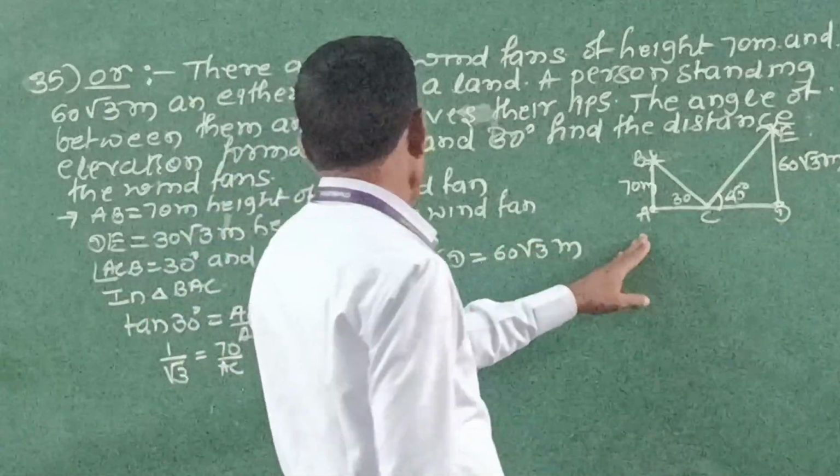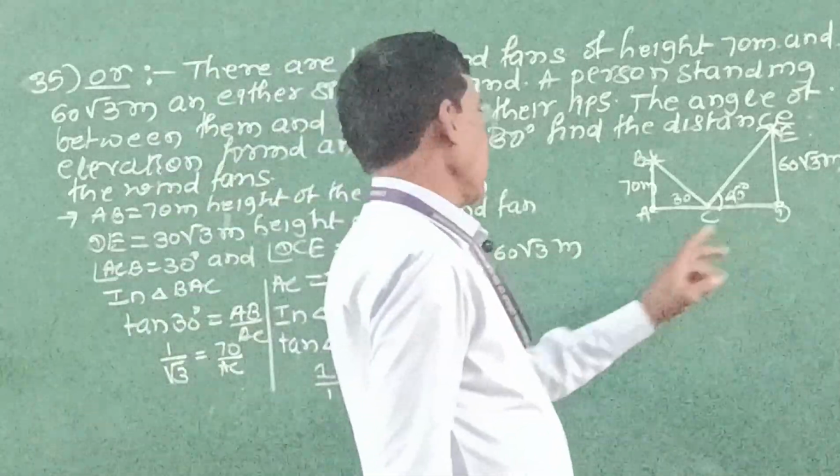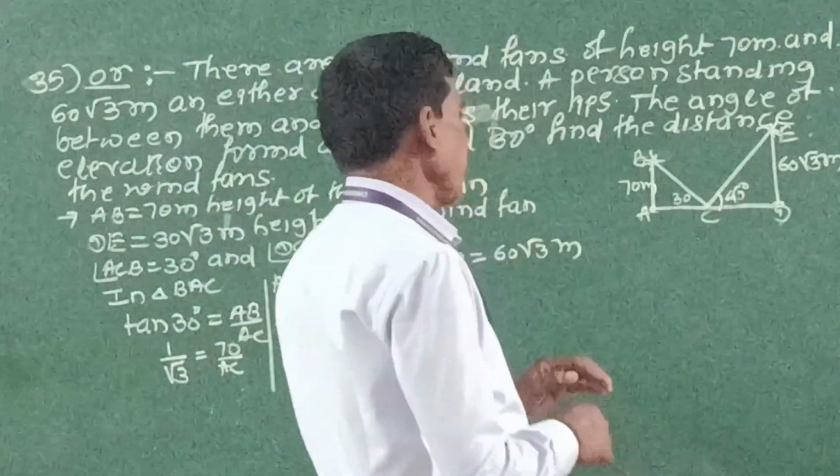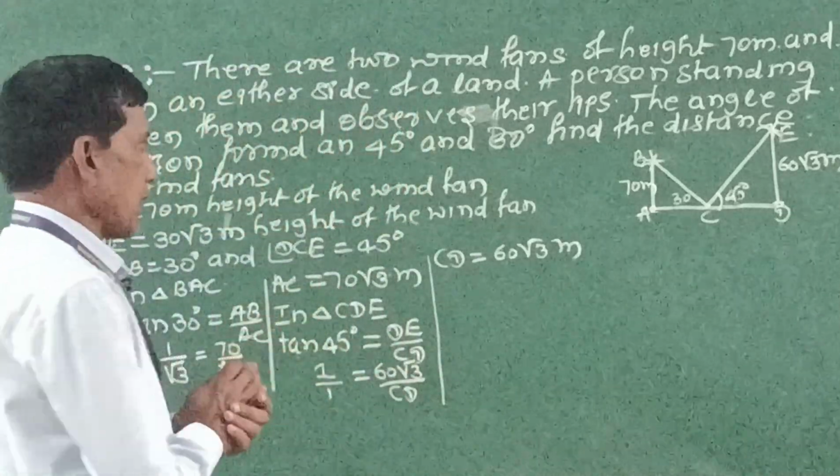AC is 70 root 3 and CD is 60 root 3 meters. What is the distance between the two fans?